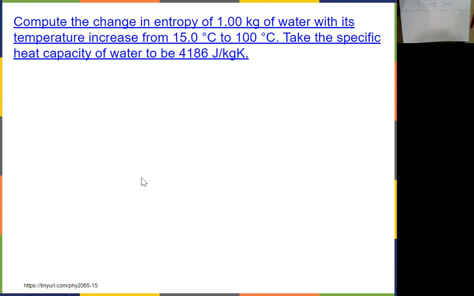So delta S for water is going to be dQ over T, and then you are doing integration of it, because T is changing here.